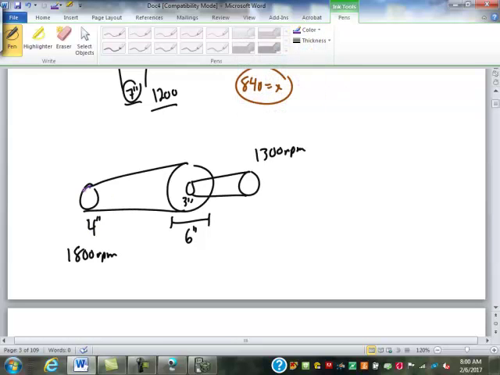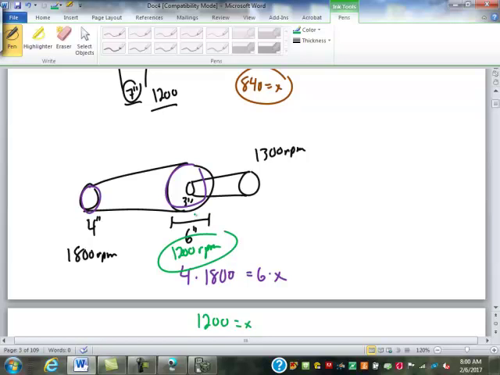So we've got a relationship between these two pulleys. So it's 4 times 1800 for that first pulley equals 6 times its RPM for the second pulley, the 6-inch pulley. So 4 times 1800 divided by 6 is 1200 RPM. So the 6-inch pulley is turning at 1200 RPM.